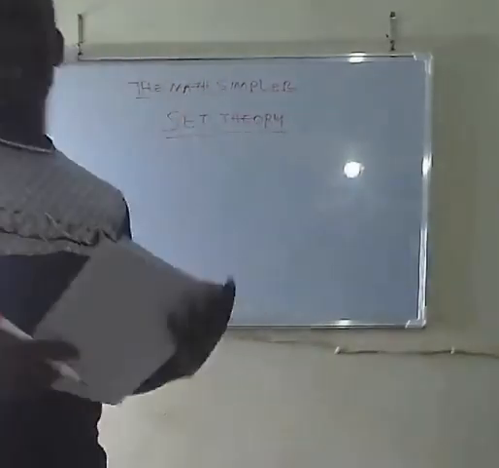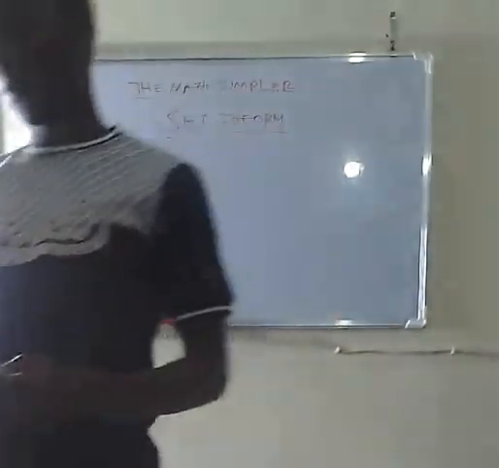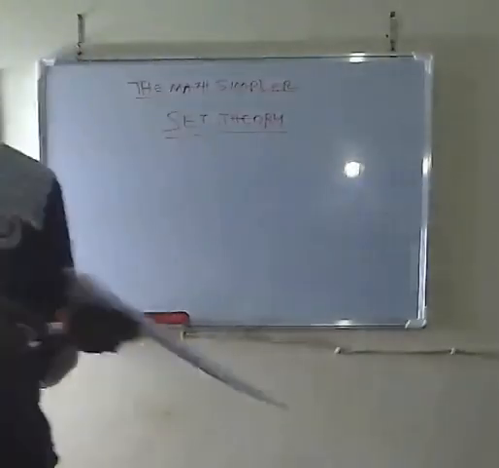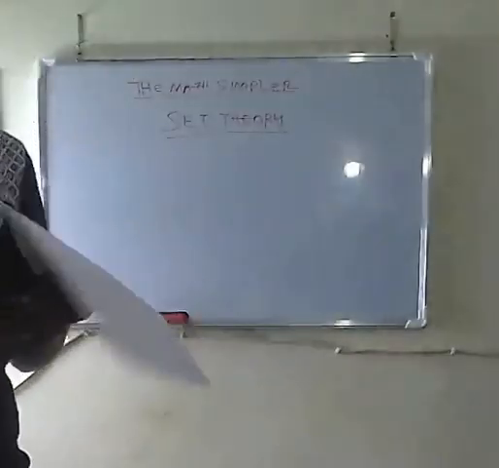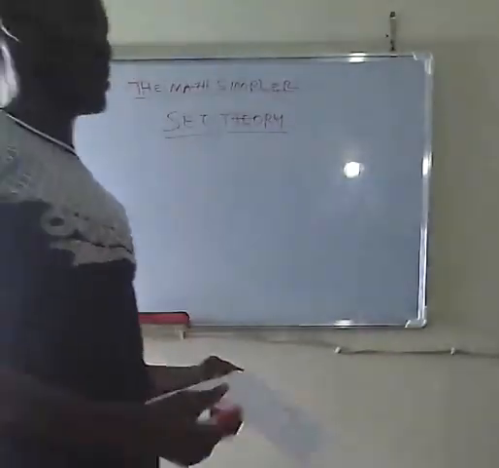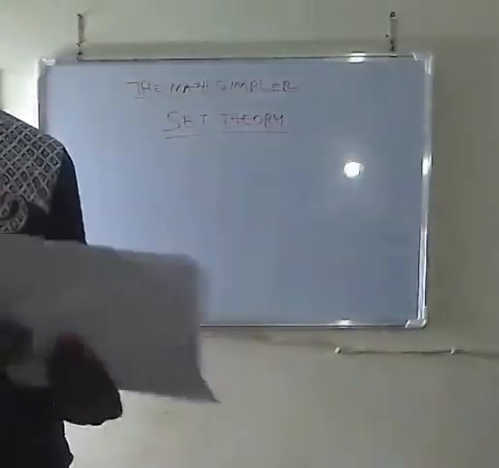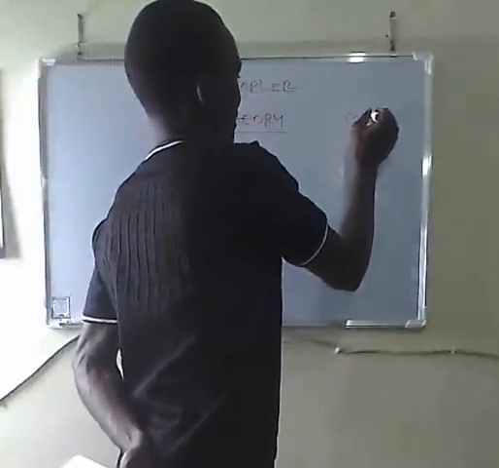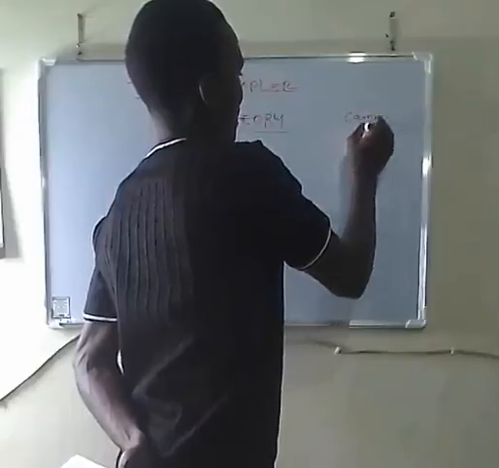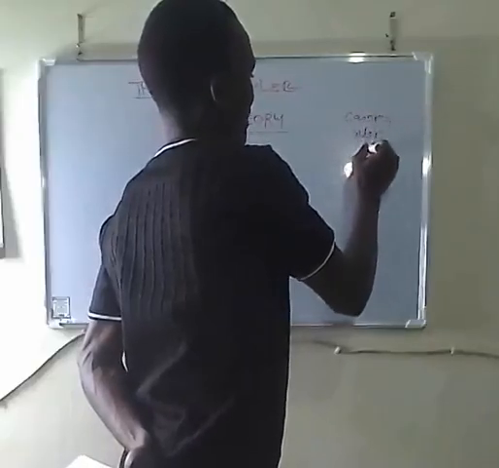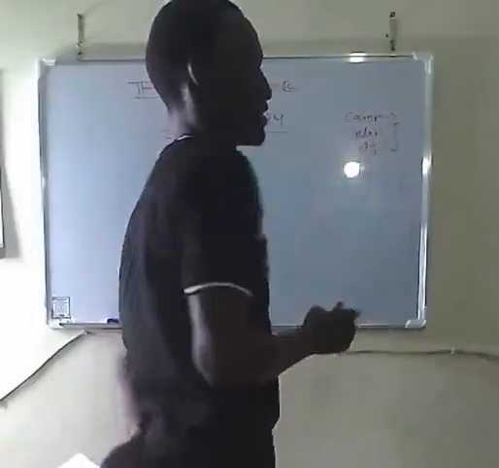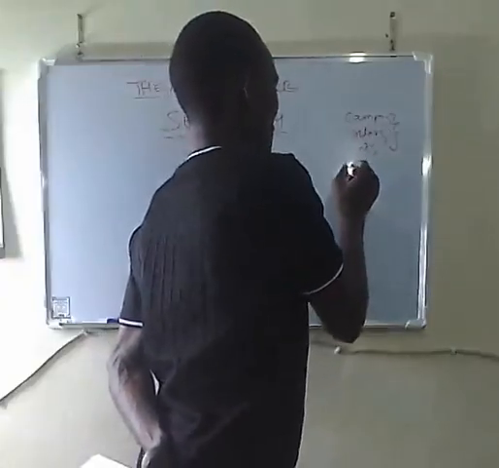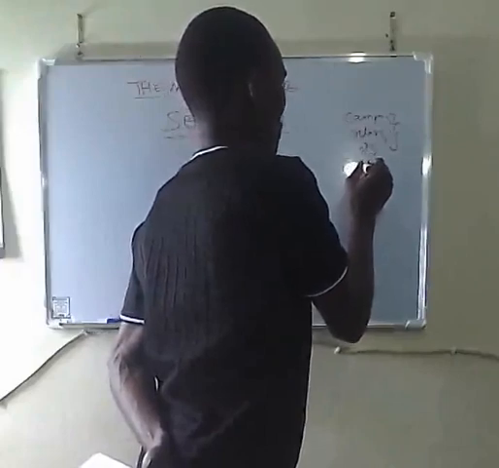A set, the normal set we know, the one for geometry. A set is a collection of objects sharing a similar property, like the one for geometry has a compass, the rulers, etc. The property that makes them together is that they are for geometry drawings.